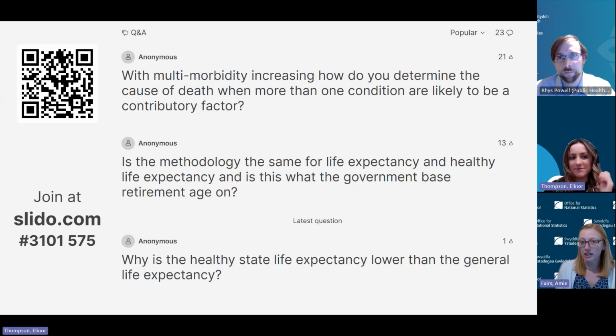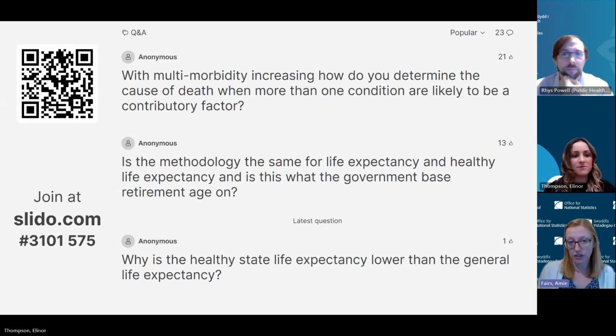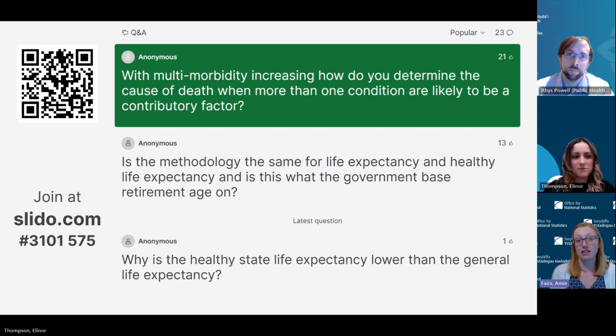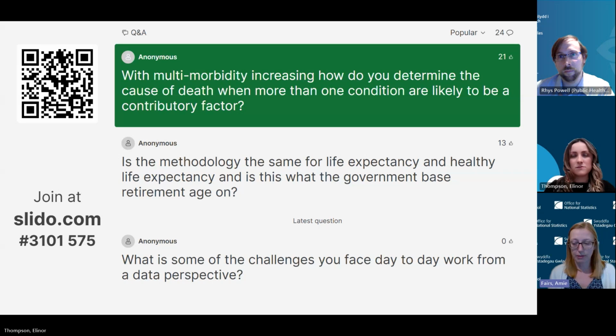This is also something I cannot answer from the perspective of the ONS, because when we take cause of death for these things, we are using the cause of death that is listed on the death certificate. So this is something that whoever has written the death certificate for this person has listed. When we are talking about causes of death in the work I showed about health inequalities, it is about the primary cause of death.